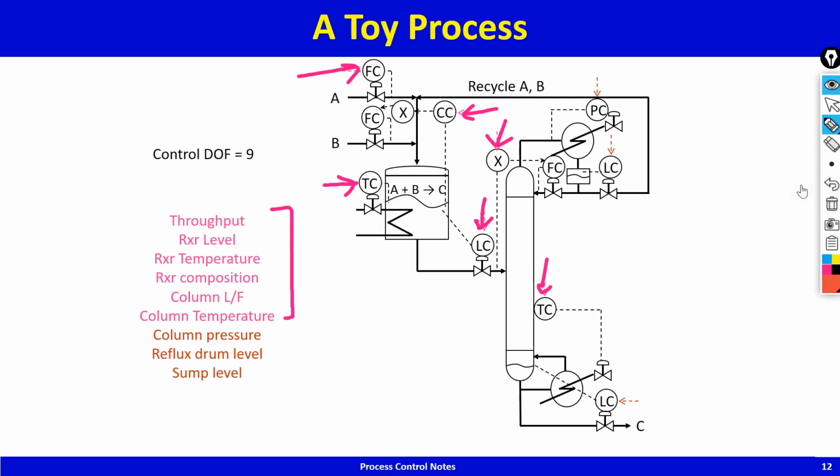And then we have column pressure, reflux drum level, and sump level as the remaining 3 degrees of freedom that either have no steady state effect or we are not allowed to change. Okay, so that's these 3 chaps.